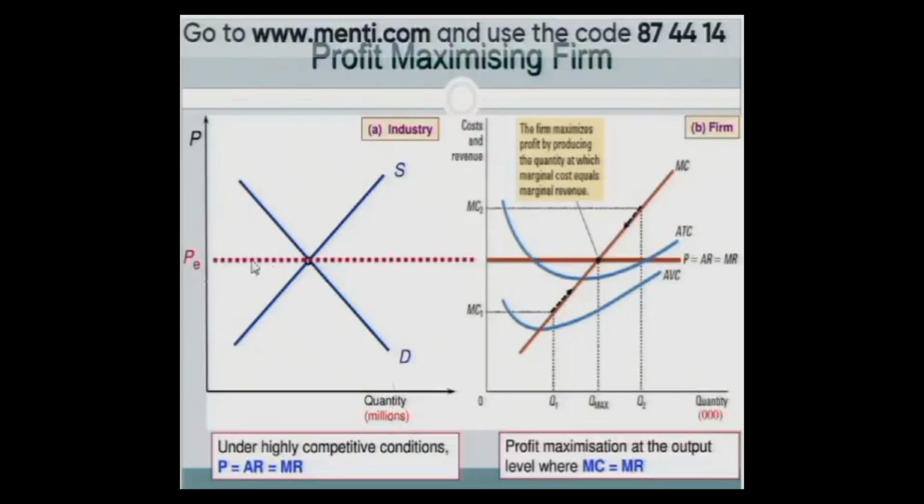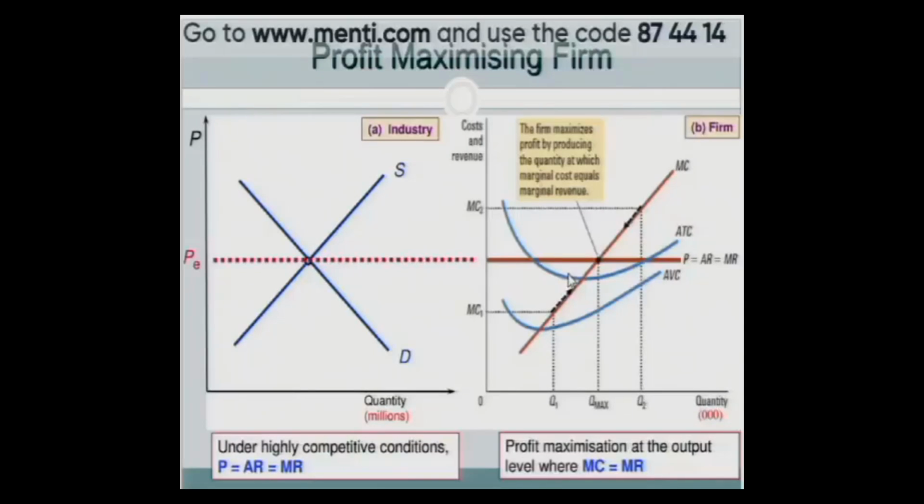And notice here, because the individual firm, to the right, is a price taker, it is not able to determine the price. They will take the price given and sell at that price. So this line here is their price line. So the price is equal, as a result, to average revenue, which is also equal to marginal revenue. Each additional unit sold will be exactly the same price, because it's a horizontal curve here.